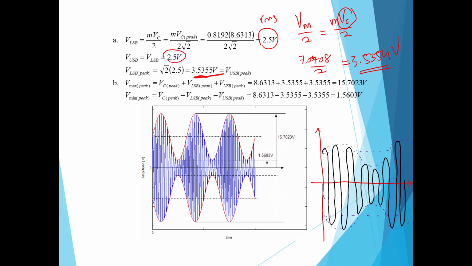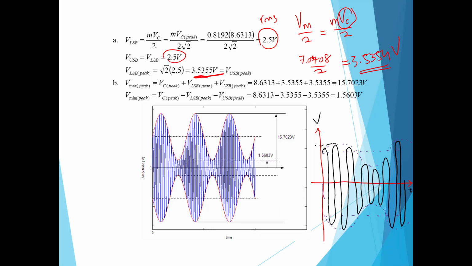So I draw correctly, and I need to label. I need to label that this is V versus time. First I label the axis, and then I label the peak amplitude, the maximum value, and also the V minimum.